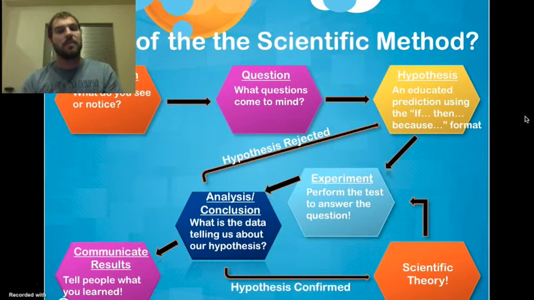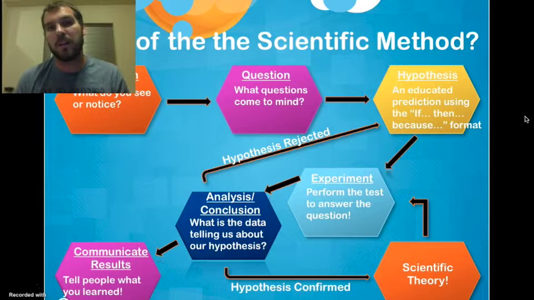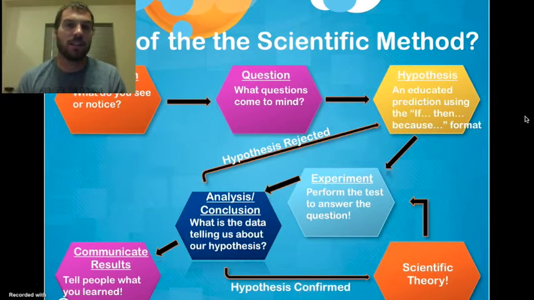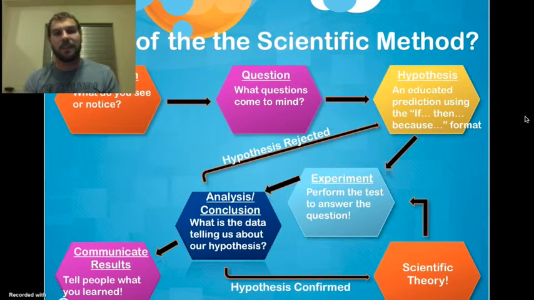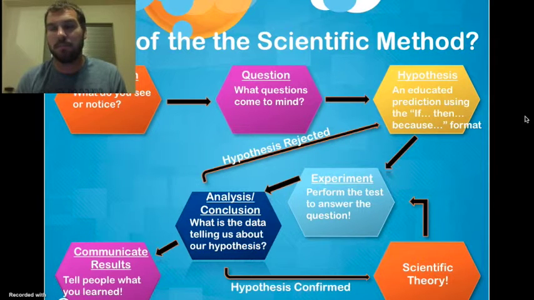Sometimes we communicate our results in lab write-ups in our interactive science notebooks. Sometimes in papers on a web page. Sometimes to community members. But the bottom line is the science that we discovered was not meant to be secret. It's meant to be shared.